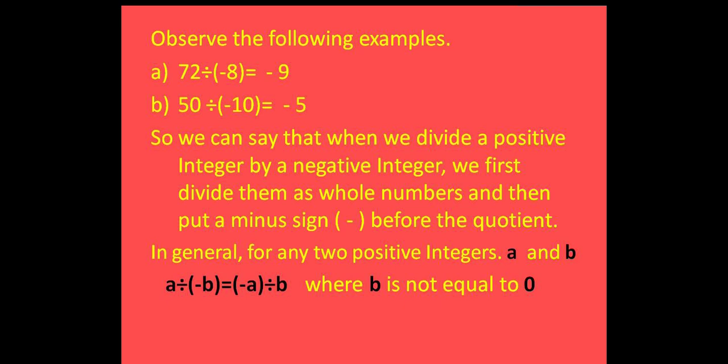In general, for any two positive integers a and b, a divided by minus b is equal to minus a divided by b, where b is not equal to 0.